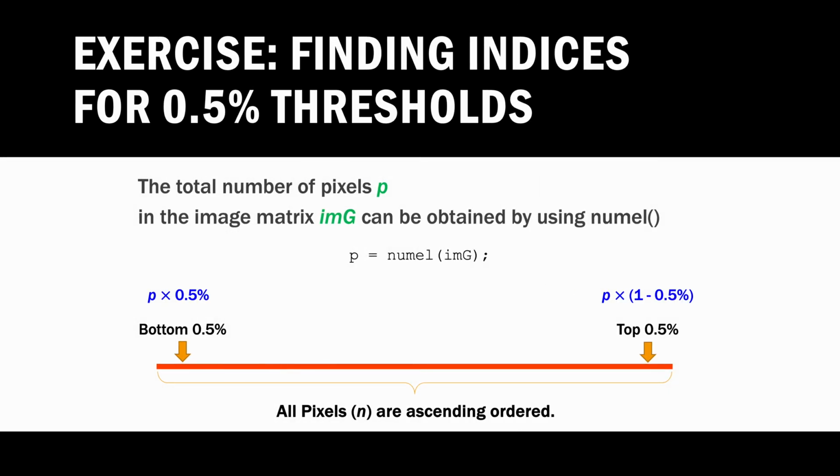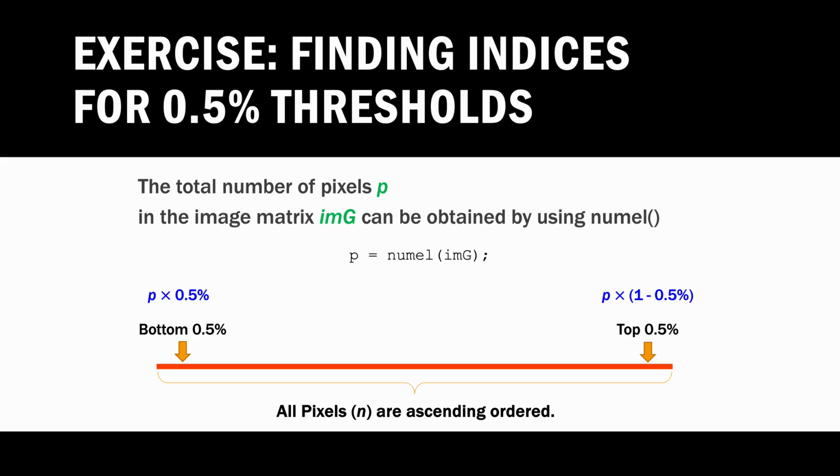Once all pixel values are sorted in ascending order, we can identify the intensity at the bottom 0.5% and at the top 0.5% of the distribution. To do this, we first need the total number of pixels in the image. In MATLAB, we find this using the function called numel on IMG. This gives us the variable p, which represents the total pixel count. The index for the bottom threshold is calculated as p times 0.5%, rounded to the nearest integer.